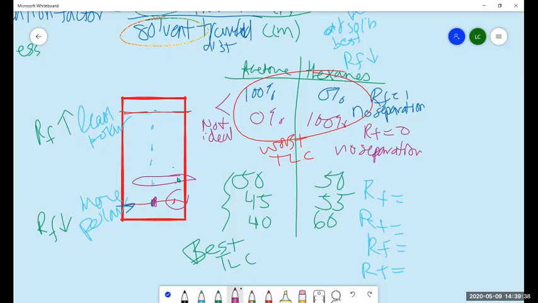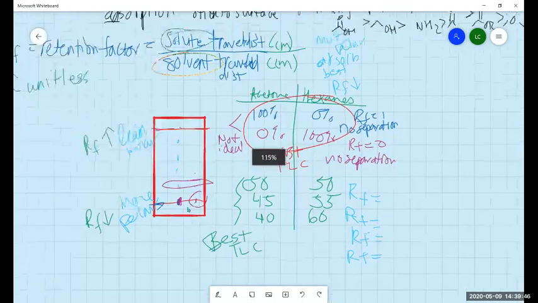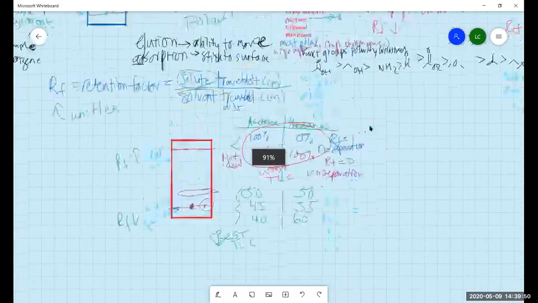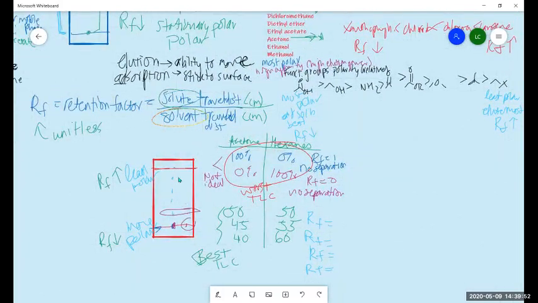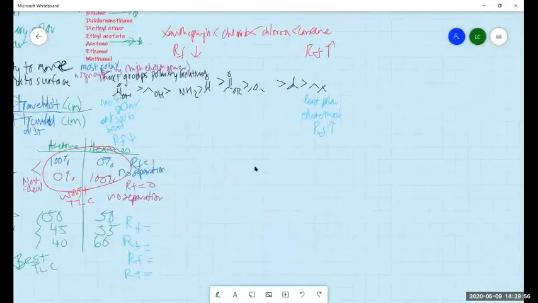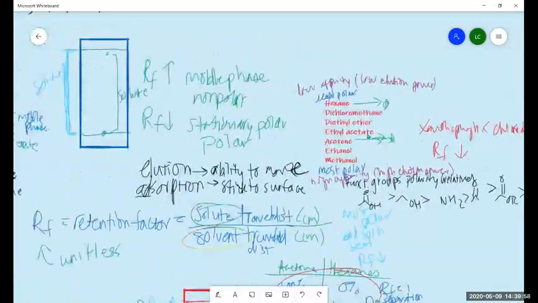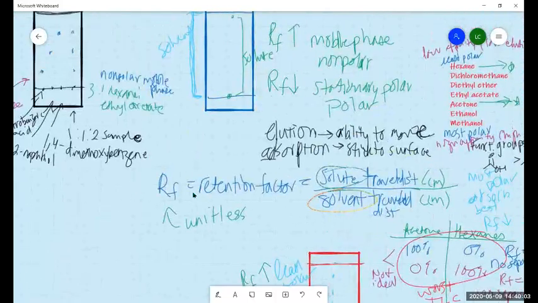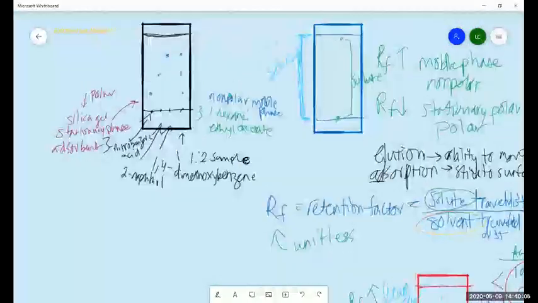So after I do this, I know what this is. You can use it in that sense to identify unknown components by RF value, assuming they're on the same TLC and you're using the same mobile phase composition. If you use a different one, the RF values can change. So this is all relative on one TLC plate. Okay.